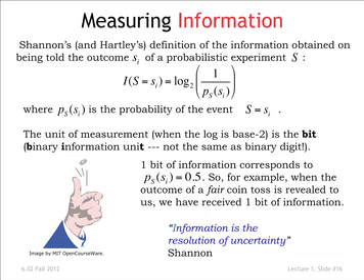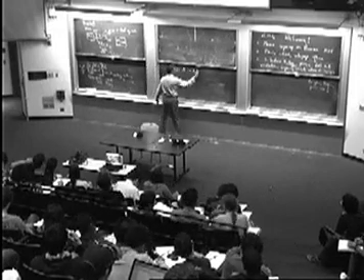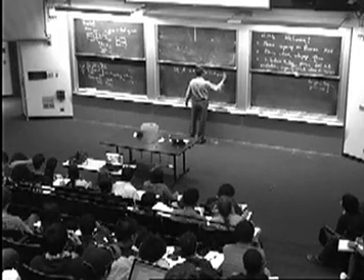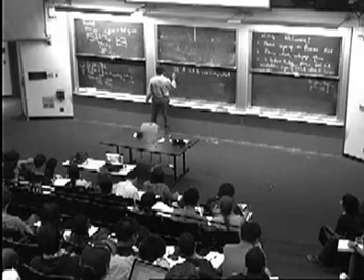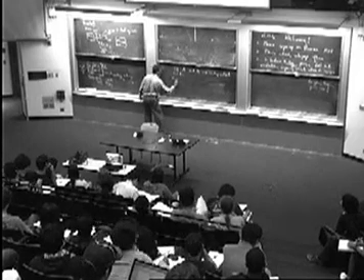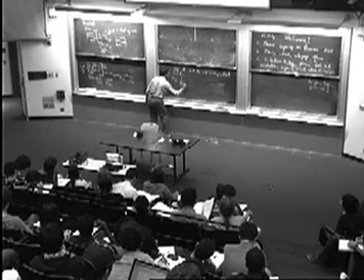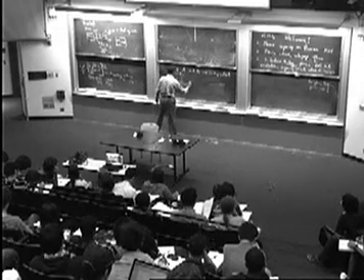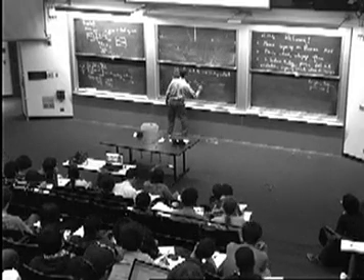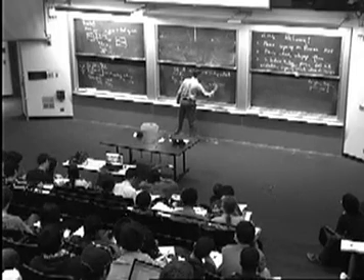It says that if A and B are independent events, then the information I get on being told that both of them occur is log of 1 over P(A)P(B), but that then just becomes the sum of the individual ones, right?